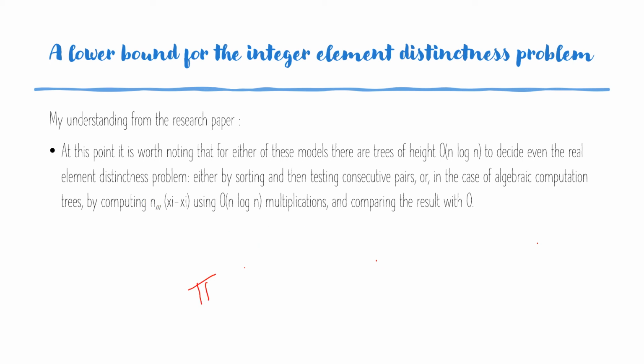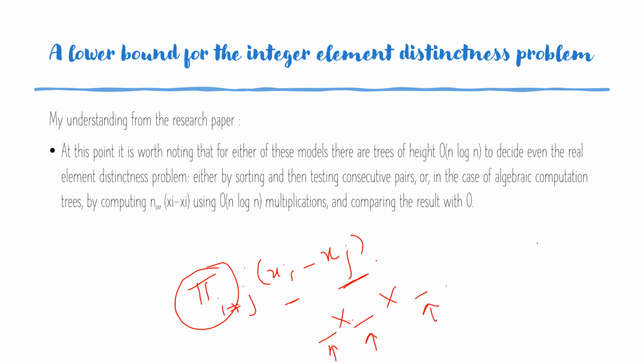This is the computation they are doing in the algebraic computational tree. They are getting the difference of two elements and then multiplying the differences. So it's the difference of two numbers here, the difference of another two numbers here, multiplied, and so on. It keeps going.